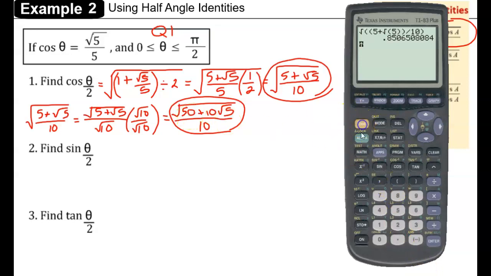Then in the second, rationalized version, we have the square root of the numerator, which is 50, plus 10 square root of 5, all divided by 10. When you compare those decimals, they're equivalent, so you know that you rationalized the denominator correctly.